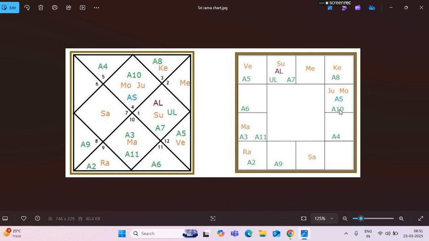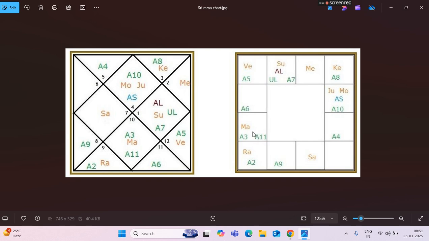There is a curse of Narada on Lord Vishnu. When the Rishi Narada wanted to marry, Lord Vishnu did not want Narada to get married, and he made the spouse of Narada look like a monkey.